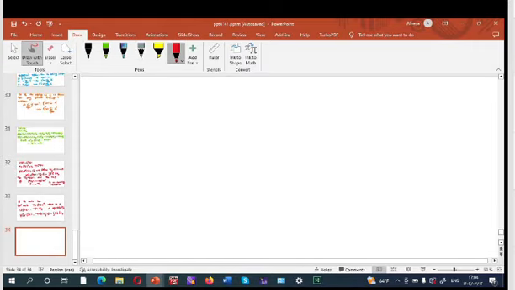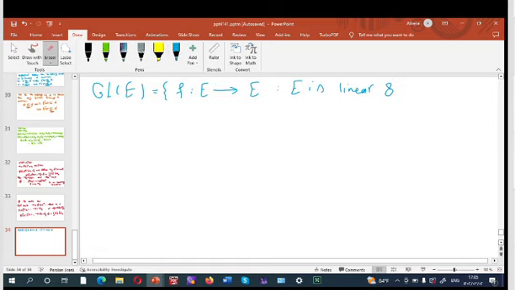GL(E) is equal to the set of all f from E to E such that f is linear and one to one and onto.